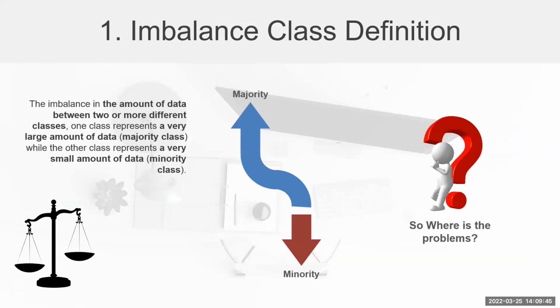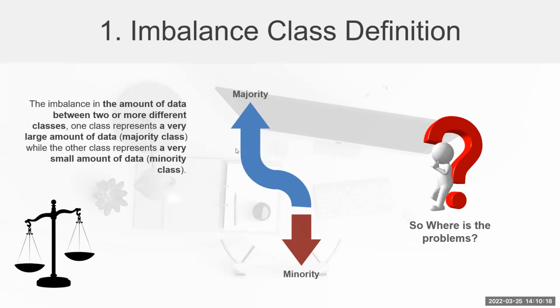Usually, the problem comes if we want to put in some classification model, the accuracy does not represent the actual accuracy for its classes. So usually imbalance is the case when the amount of data between 2 or more different classes, yeah, 2 or more.